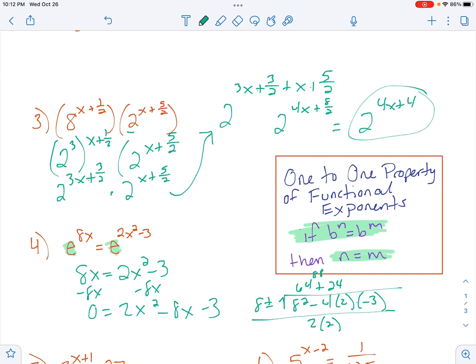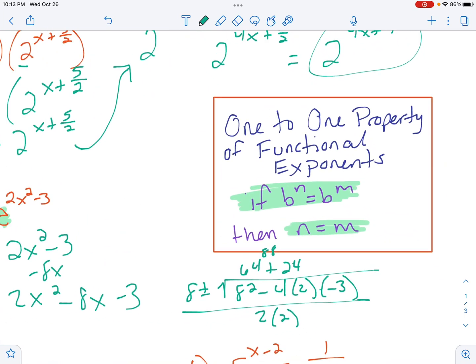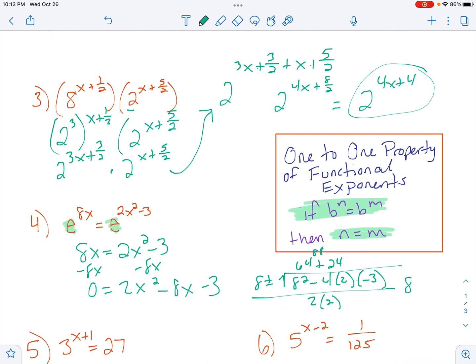The square root of 88 is 9.4. I'm running out of room, so I'm just going to leave it as that. You can simplify it down. I know you know how to do that.